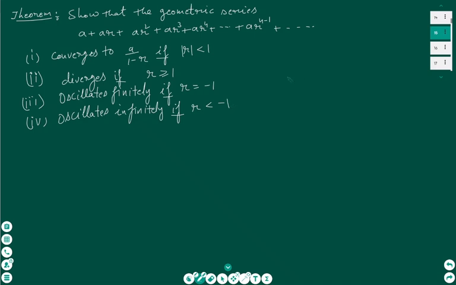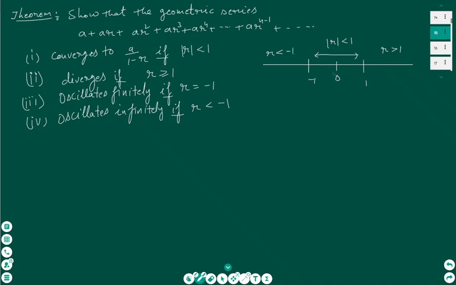So if you have a line here, all right, this is 1, this is 0, say this is minus 1, this is 1. So this is the area of modulus of r less than 1, and this is the area where r is greater than 1, and this is the area where r is less than minus 1.